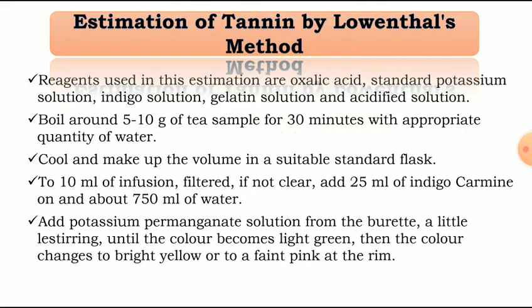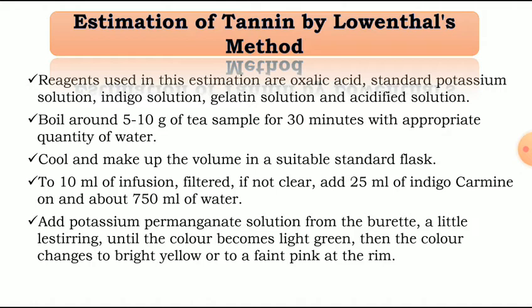Then add potassium permanganate solution from the burette. That means the entire mixture, that is 10 ml tea sample, 25 ml indigo carmine solution and 750 ml of water, we are going to titrate against potassium permanganate, that is KMnO4 solution, from the burette.